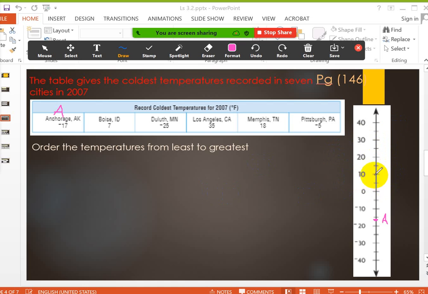Between 5 and 10. I will name this point or this record B. So 7 will be after 5 and before 10, right here. This is B.